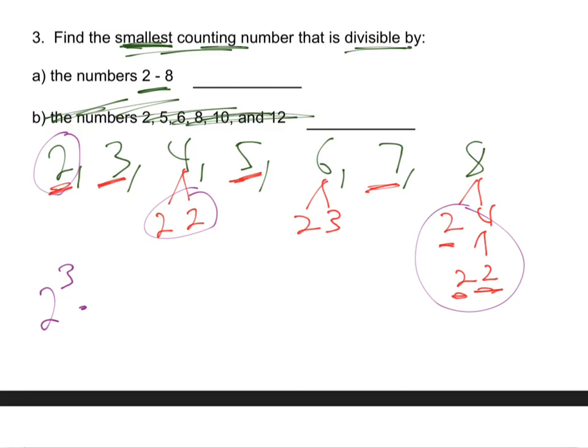Because that's an 8, isn't it? You tracking with me? 2 times 2 is 4 times 2 is 8. So this number I'm building, 8 will divide into it, 2 will divide into it, 4 will divide into it, because it's got an 8. It's got the most number of 2s that anybody has, so it can accept any of their 2s.